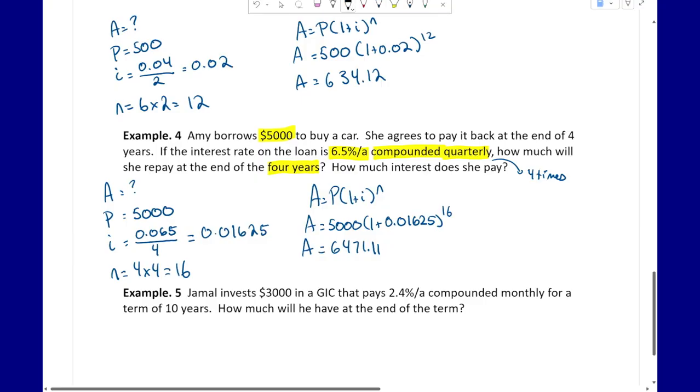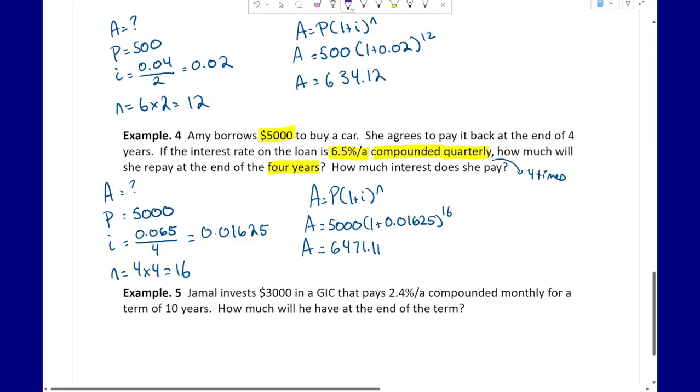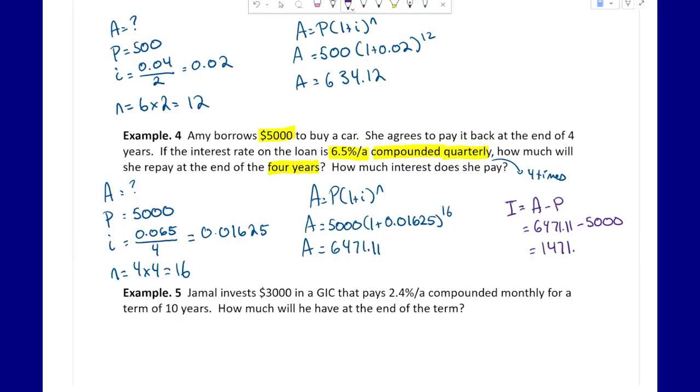Now, the second question asks, how much interest does she pay? So here we kind of have to do the opposite. I know the total amount. So my interest is going to be my future amount minus my principal. 6,471.11 minus 5,000 equals $1,471.11.